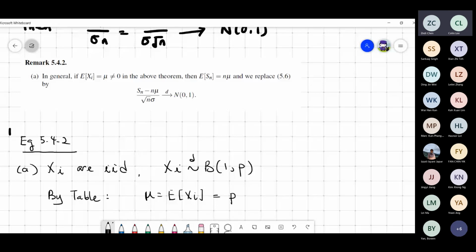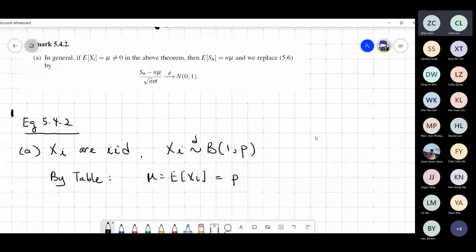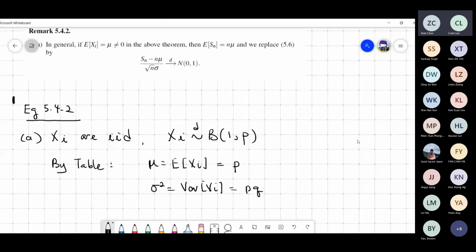And the variance is equal to npq, or pq. So this is sigma squared. Then we can apply this formula directly. Hence we can have Sn minus n mu over the square root of n sigma squared.